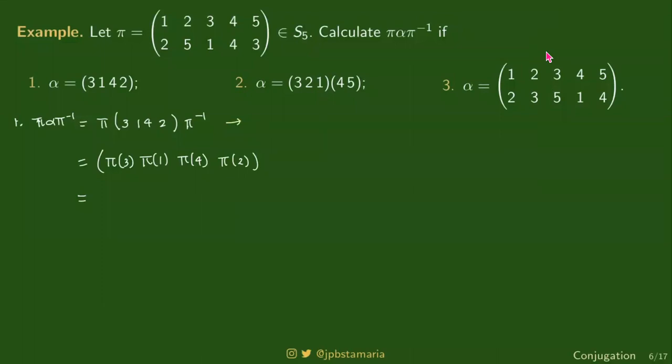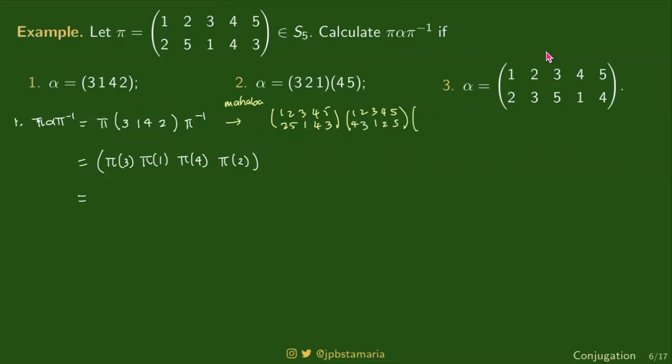Yung mahabang version, lalagay mo dito yung pi, tapos kukunin mo yung cycle na yan. Yung cycle na yan, paano kino-convert? 3, 1, 4, 1, 4, 2, tapos 2, babalik sa 3, tapos yung 5 na fix.